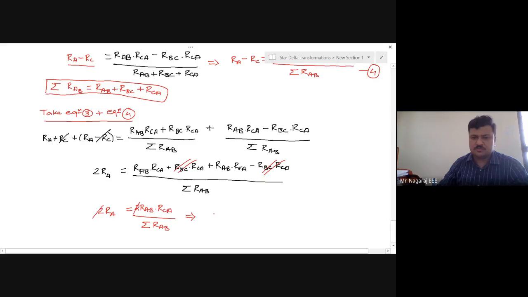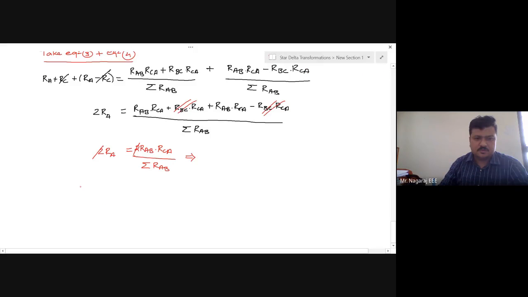So RA is equals to RAB RCA divided by summation RAB. Okay, so this is equation 5.